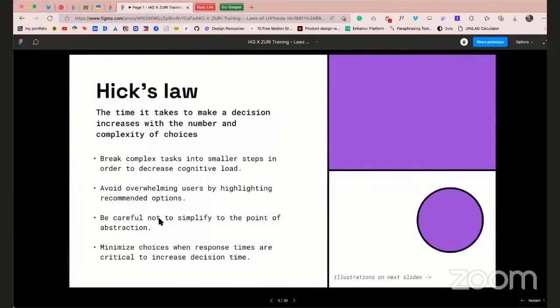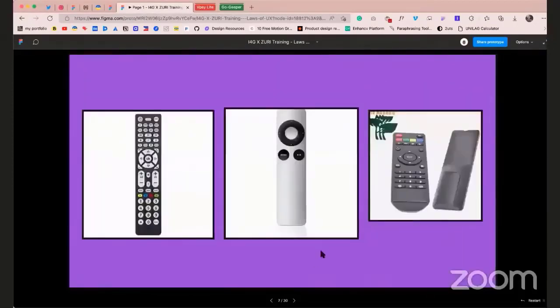Also, remember that I mentioned something. I said, be careful not to simplify to the point of abstraction. Let's take a look at what Apple did here, right? This remote is like typical remotes that all of us have in our houses. And then some buttons, let's not lie, you've never ever touched it before because you don't even know what it is used for, right? So Apple decided to be the good guys.